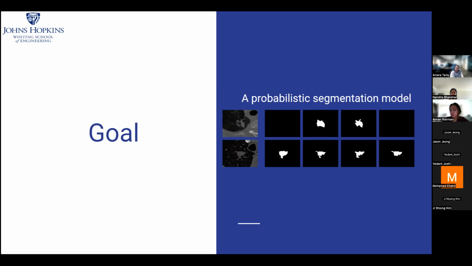There is some ambiguity, and different doctors are rating it differently. We just need a model that can generate all these different segmentation masks, but it has to be realistic in how a group of doctors would interpret it. So this is the end goal of the project, to have a probabilistic segmentation model.